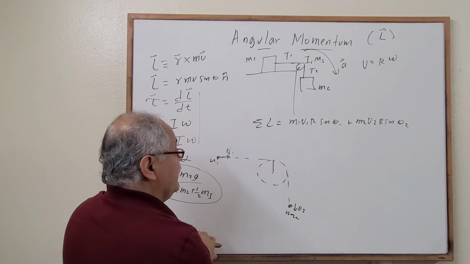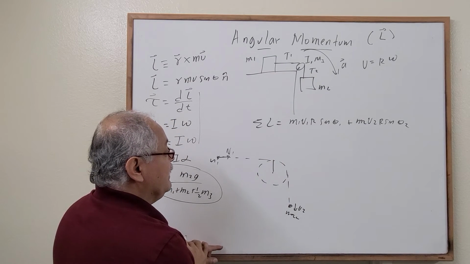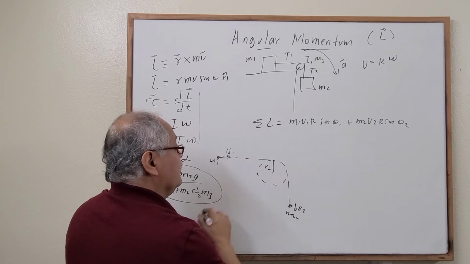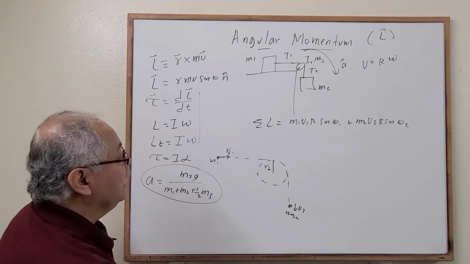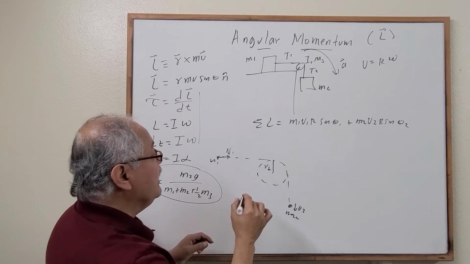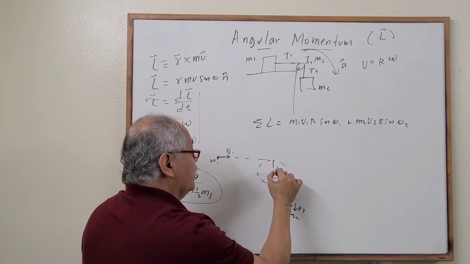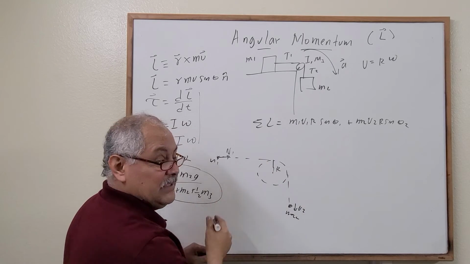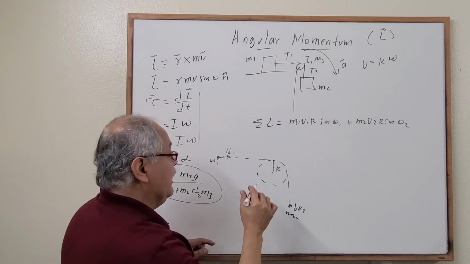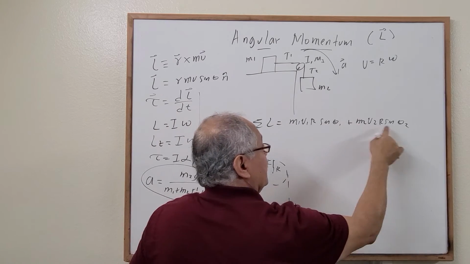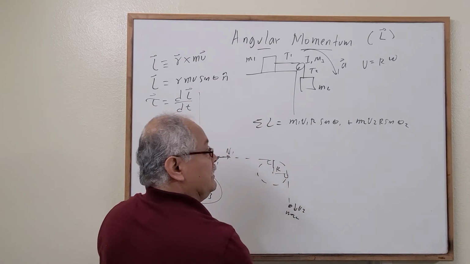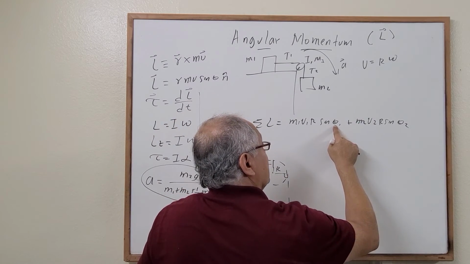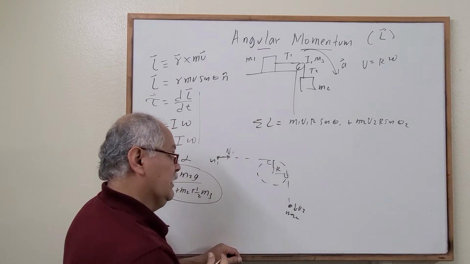This is the perpendicular distance, r perpendicular, and it's the same as the radius r. But what is the angle? 90 degrees, so sine 90 degrees is 1.